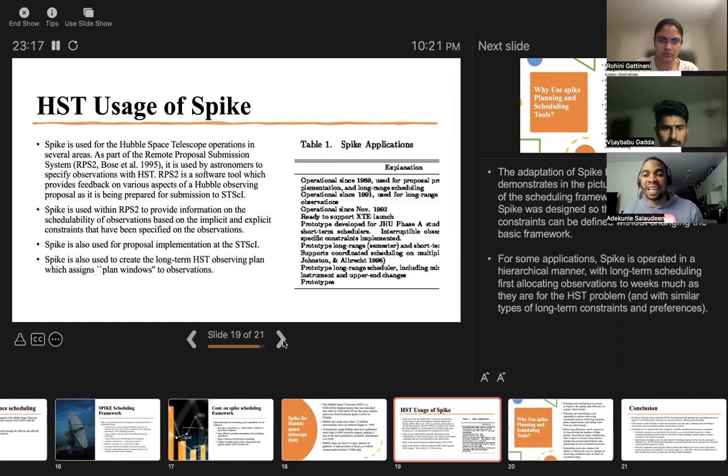As indicated above, Spike was designed so that new tasks and constraints can be defined without changing the basic framework. For some applications, Spike is operated in a hierarchical manner with long-term scheduling first allocating the observations to weeks, much as there are for the HST problem, and with similar types of long-term constraints and preferences.